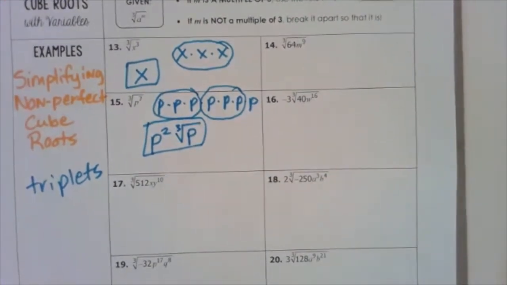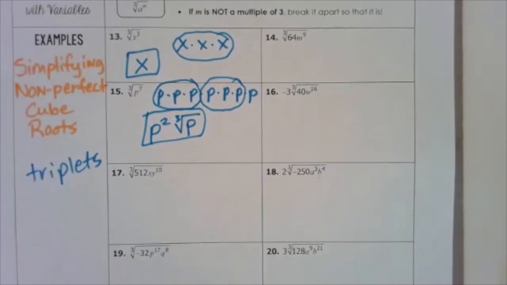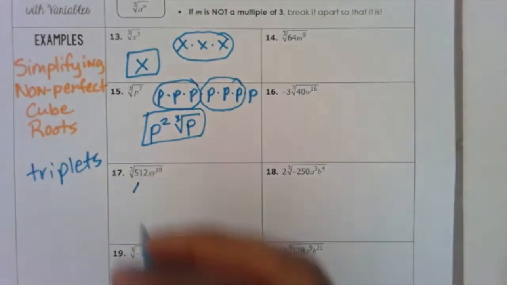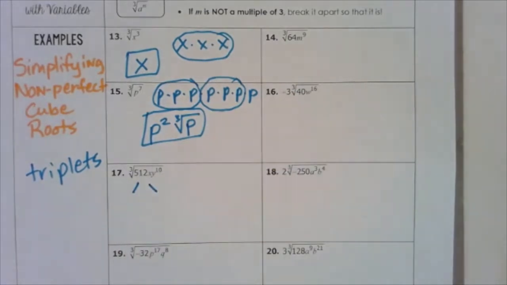Number 17. With number 17, now we're dealing with a number and then also the variables. So if I take a look at number 17 here, let's deal with the 512 first. And actually that's going to be one of the easier things to deal with because if you look at 512, there's something special about 512.